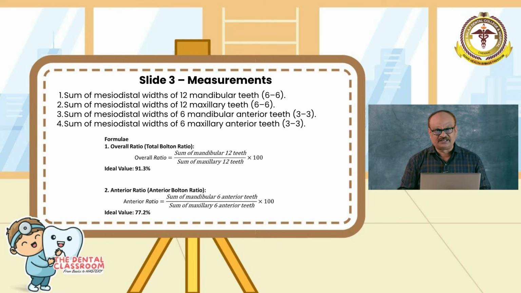Same thing, anterior tooth ratio, he has measured from the canine to canine of mandible divided by canine to canine of maxillary arch. He called it as anterior tooth material ratio or anterior Bolton ratio. According to that, ideal value should be around 77.2%. So if this ratio is satisfied only, the arches will be perfect.